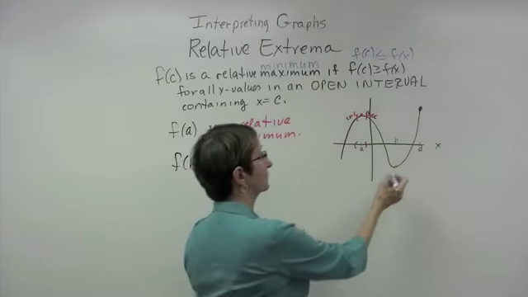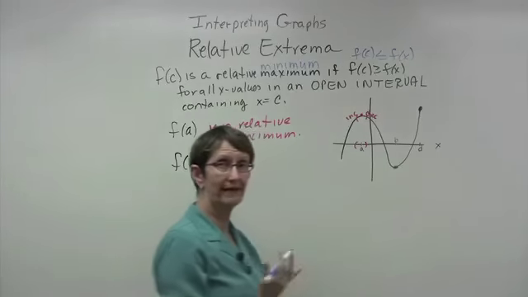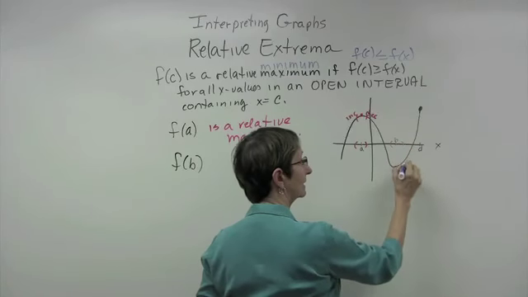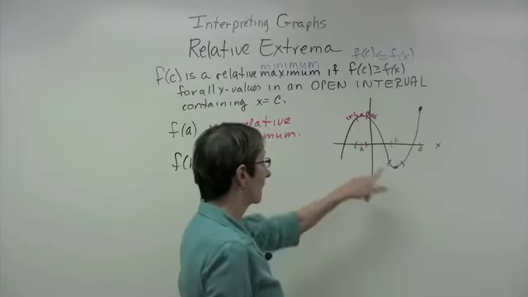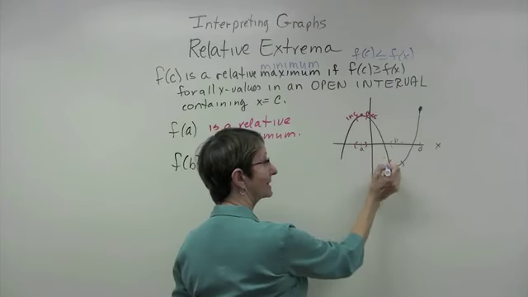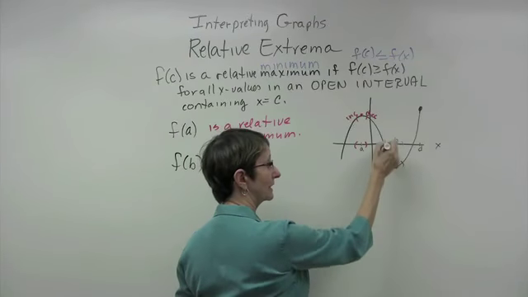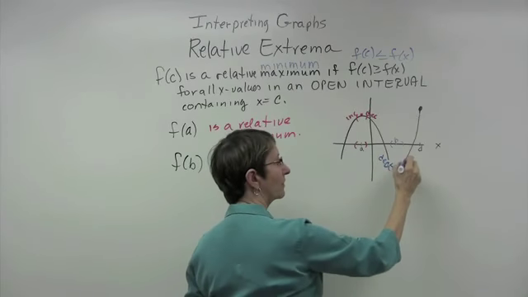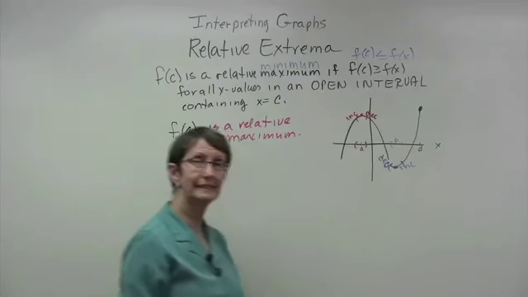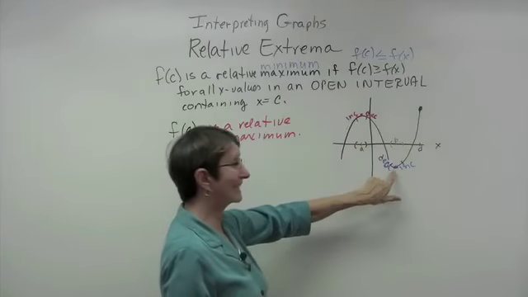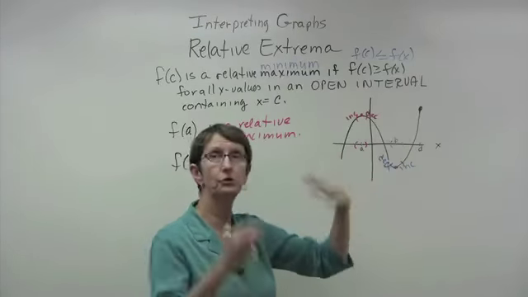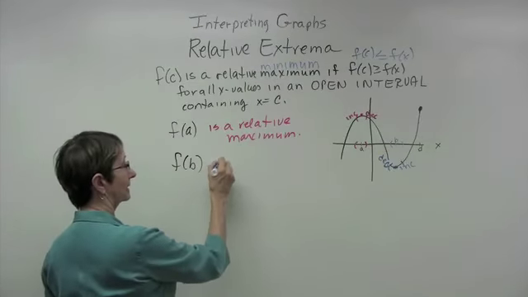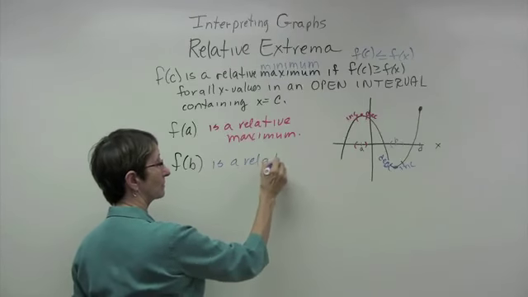And so all of this math talk says that this f of b value is lower than anything else around it. And it is, because the values on this side for y decrease, and on this side, the values increase. And so f of b is less than the y values in an interval around that point. So f of b is a relative minimum.